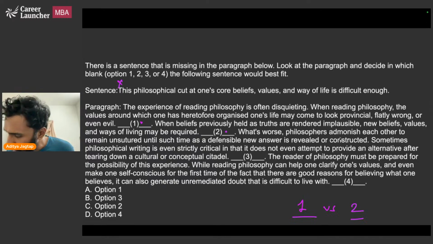I'll mark the sentences prior and after blanks 1 and 2. Prior to blank 1, we have this sentence, and after we have this sentence. And prior to blank 2, we have this sentence, and after we have this sentence. What pieces of evidence do you find in each of these that tells us which position to place this in?